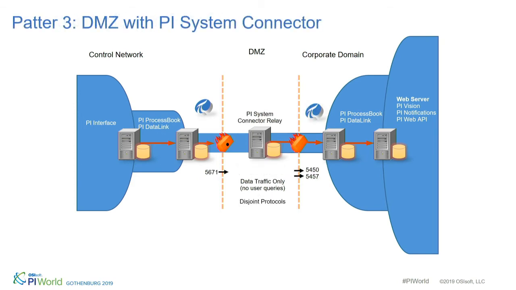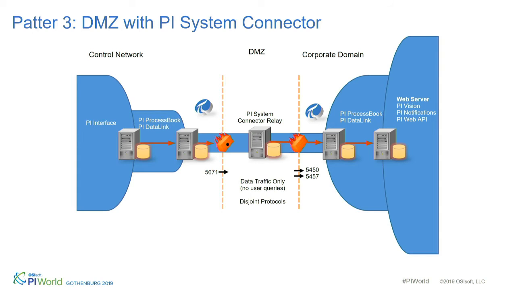And the next pattern is the DMZ with the PI System Connector. The difference from the previous pattern is that instead of the PI to PI interface, we are installing the PI System Connector with a relay. The enhancement is that the PI System Connector relay works under a different port.